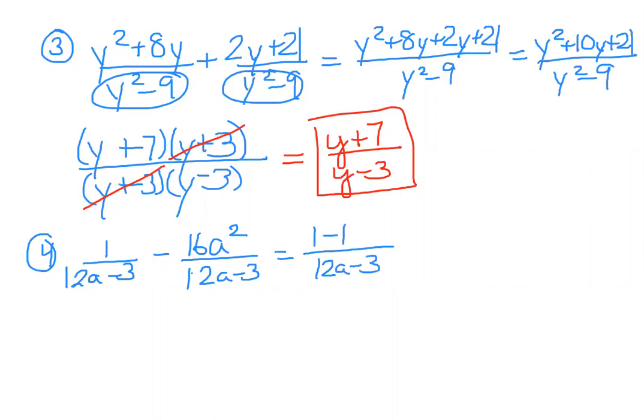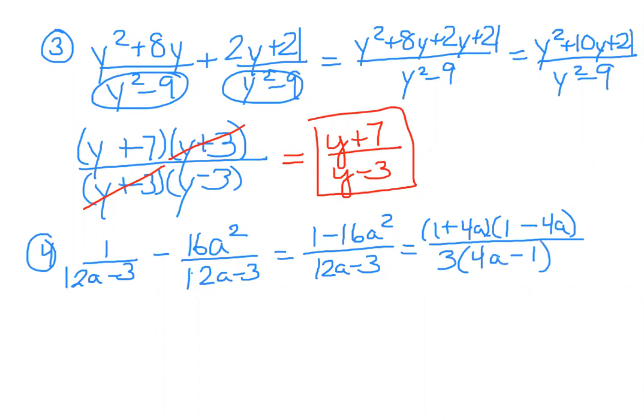We've got 1 minus 16a squared in the numerator. We're going to factor. This is a difference of two perfect squares in the numerator. 1 times 1 is 1, and 4a times 4a is 16a squared. One's plus, one's minus. In the denominator, we can factor out a 3, and we're left with 4a minus 1.